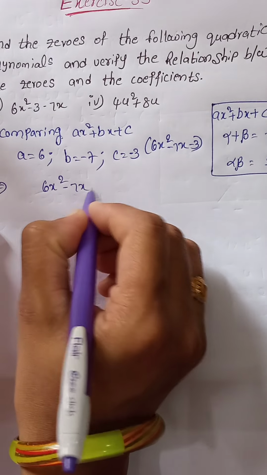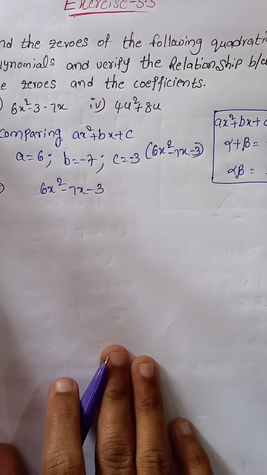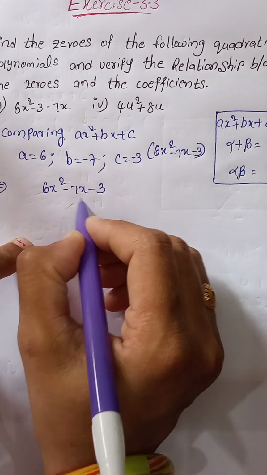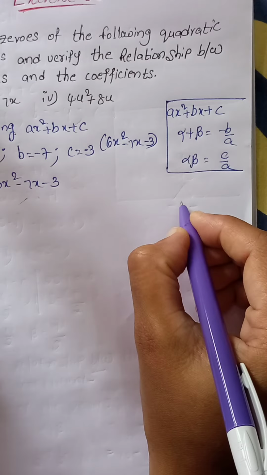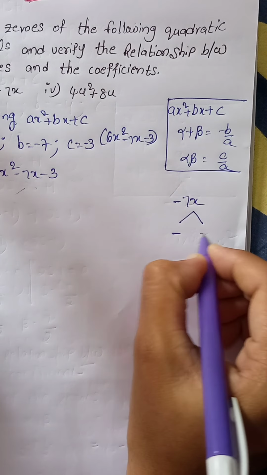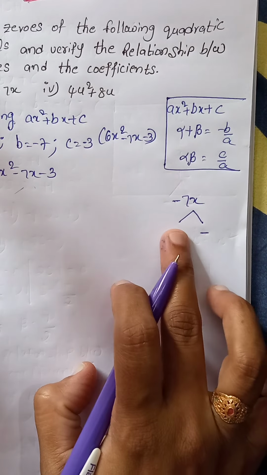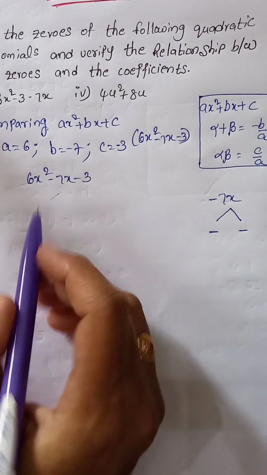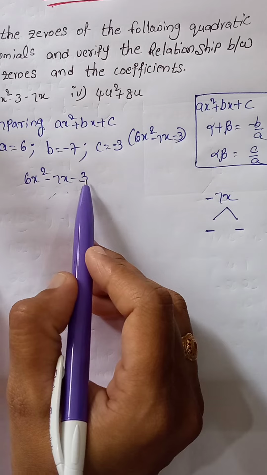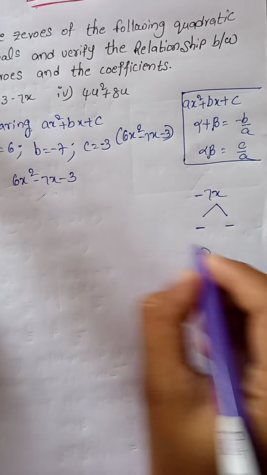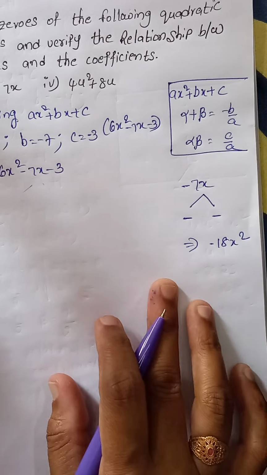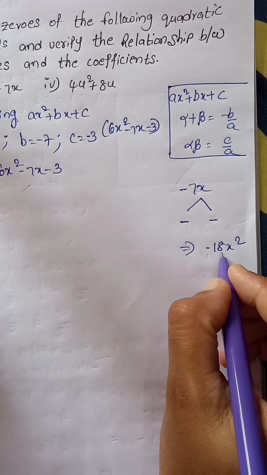6x square minus 7x minus 3. How can we find zeros of this polynomial? By splitting the middle term into two terms. The middle term is minus 7x. How can we find these two terms? By the product of 6x square and minus 3. 6x square into minus 3, that is 6 threes are 18, minus 18x square.